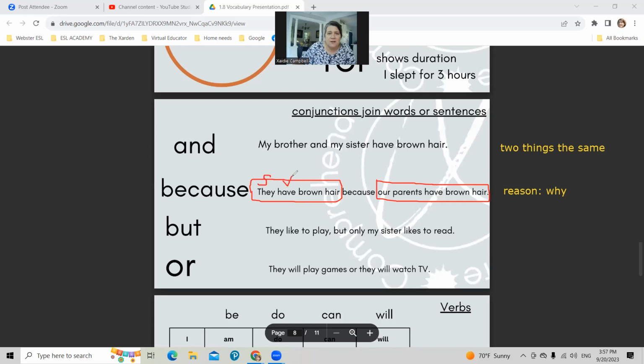Here's our verb. And brown hair is an object. Brown is an adjective, but it talks about the kind of hair. Okay? So this is a complete sentence. It has a subject, it has a verb, it has a whole idea.